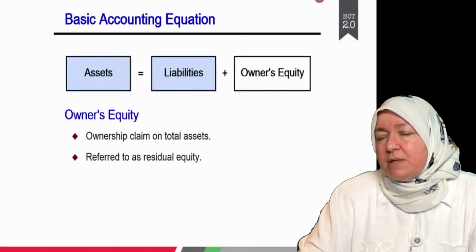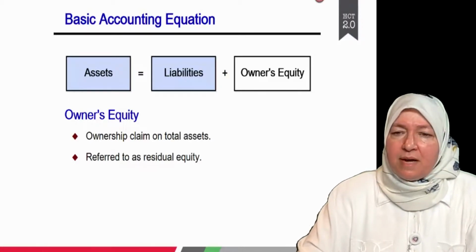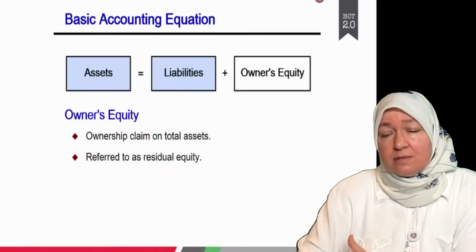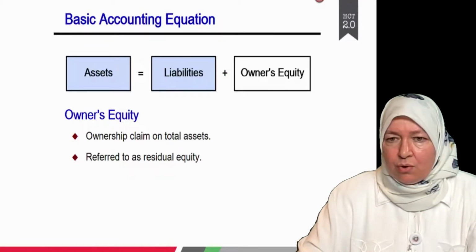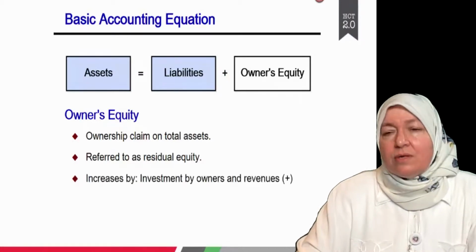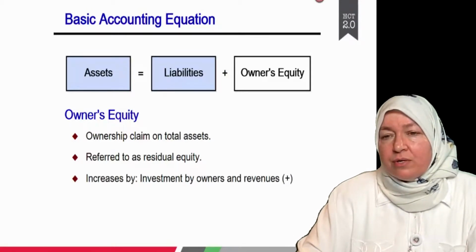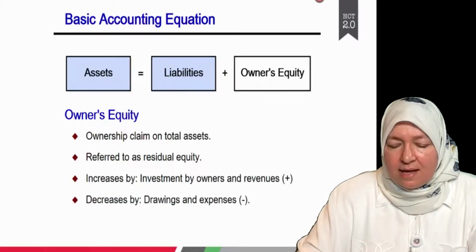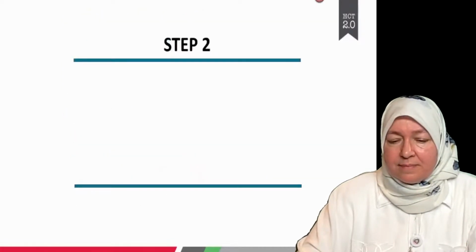Sometimes it is referred to as residual equity, because assets minus liabilities equals owner's equity, so what is left is for owners after paying all the debts to liabilities. Owner's equity increases by 2 things, investment by owners and revenues, and decreases by 2 things, drawings and expenses.